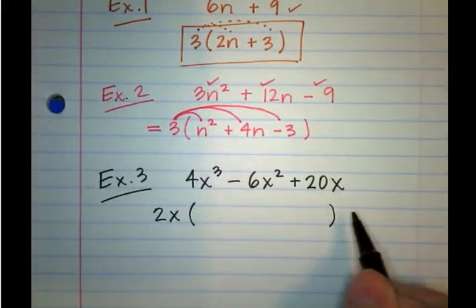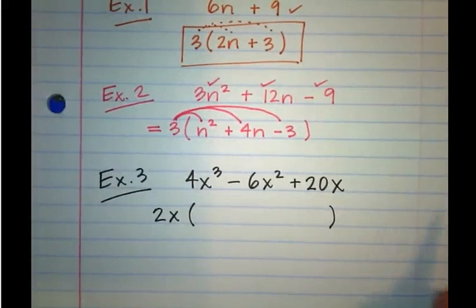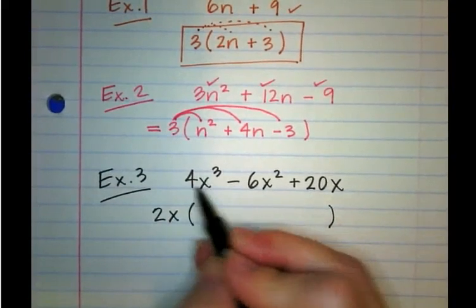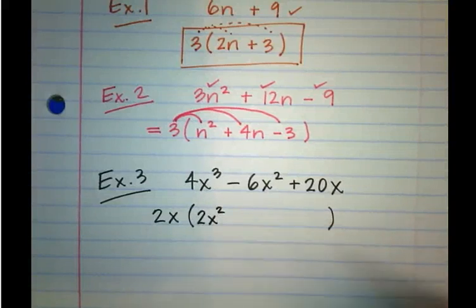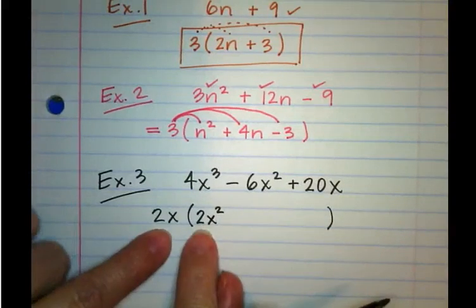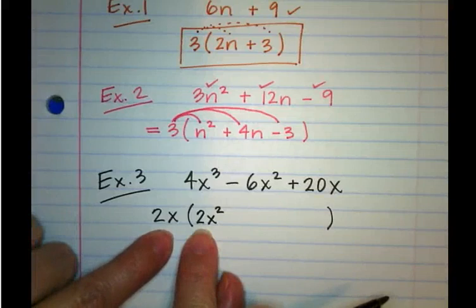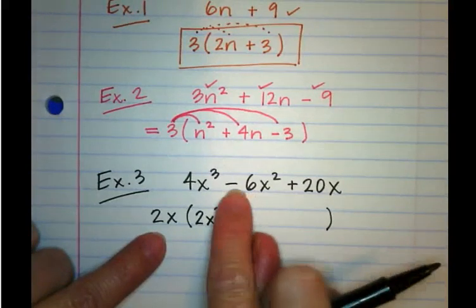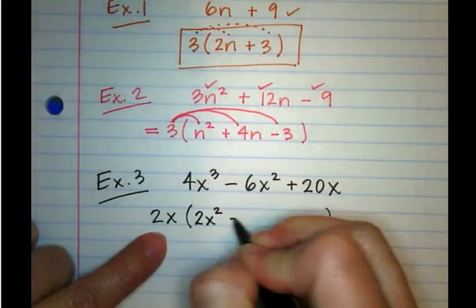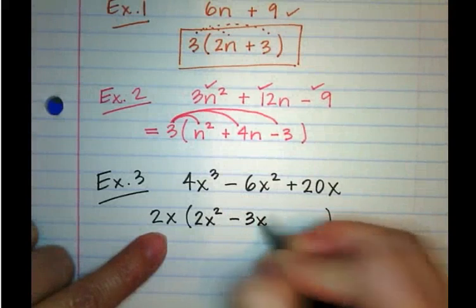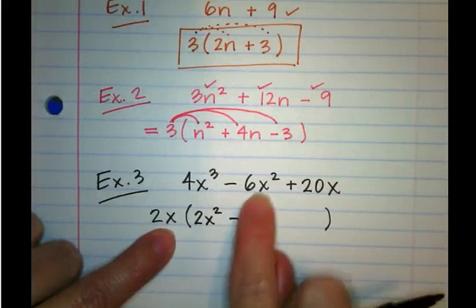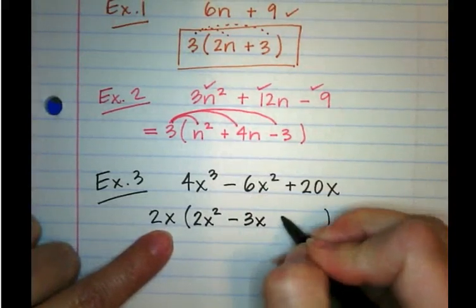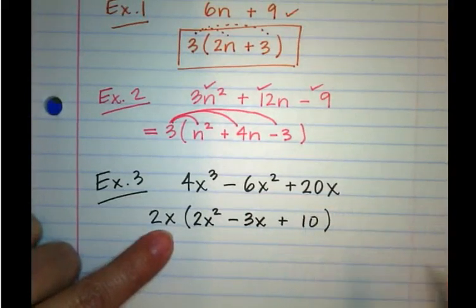So if I divide each of these by 2x, then I know in order to get 4x cubed, I need a 2x squared. Because remember, when we multiply, we add exponents together. And if I need a negative 6x squared, this needs to be a negative 3x. Because when I multiply those together, I'll get negative 6 and then add the exponents for x squared. And then for this one, it would be a plus 10.